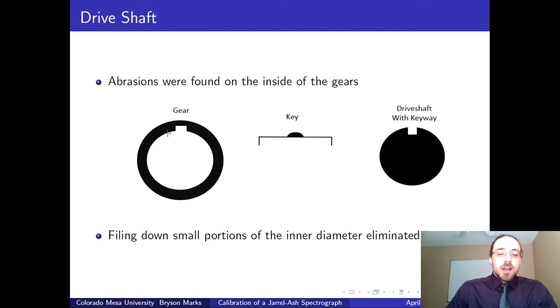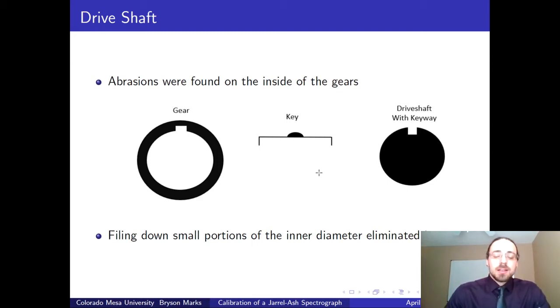This material then got lodged on the inner diameter of this gear and the outer diameter of the driveshaft. This introduced abrasions as they tried to change speeds more and more, which led to difficulty in being able to change those speeds.